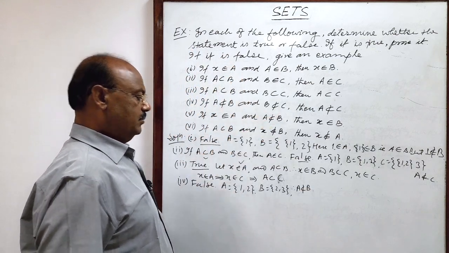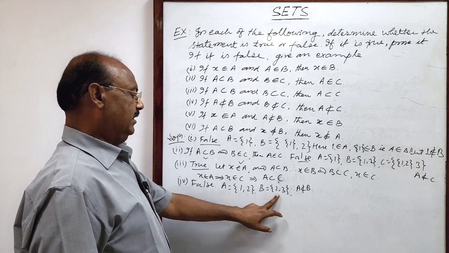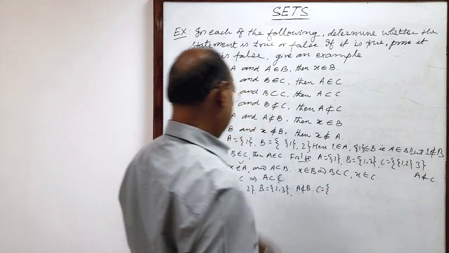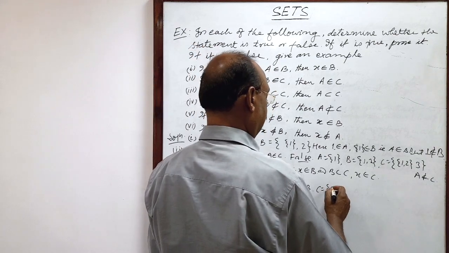And B is not a subset of C. B has elements 2, 3 and suppose C has elements 1, 2 and 5.